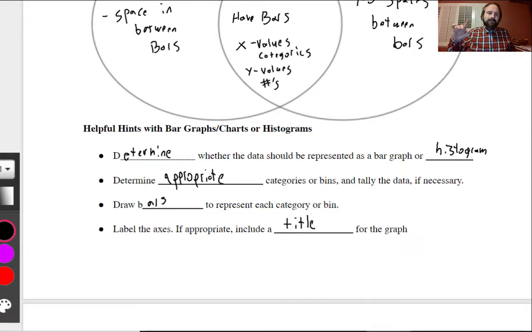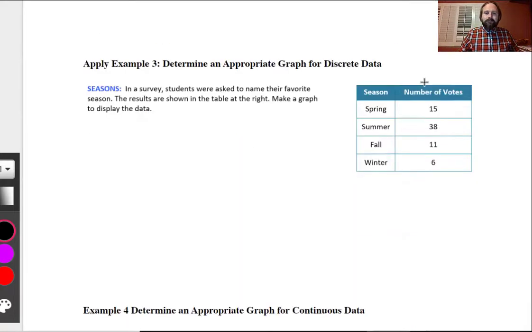All right, let's go on to the actual examples. Determine an appropriate graph for this discrete data. Looking at this, we know it's discrete because each of these seasons are specific. In a survey, students were asked to name their favorite season. The results are shown in the table at the right. Make a graph to display the data.